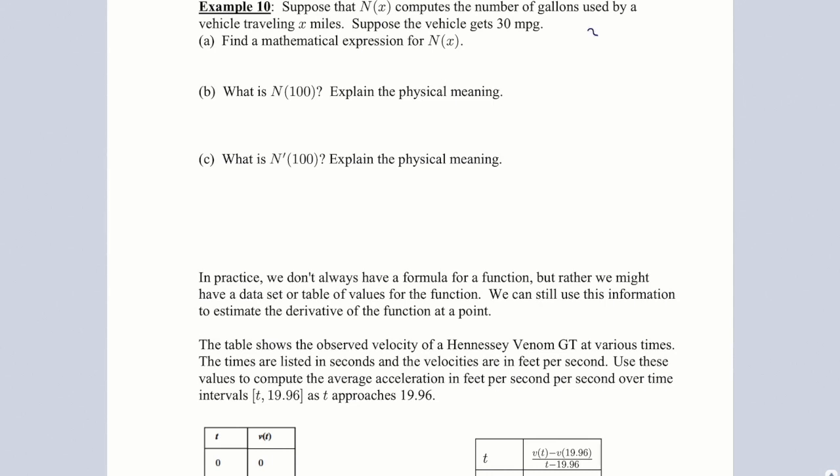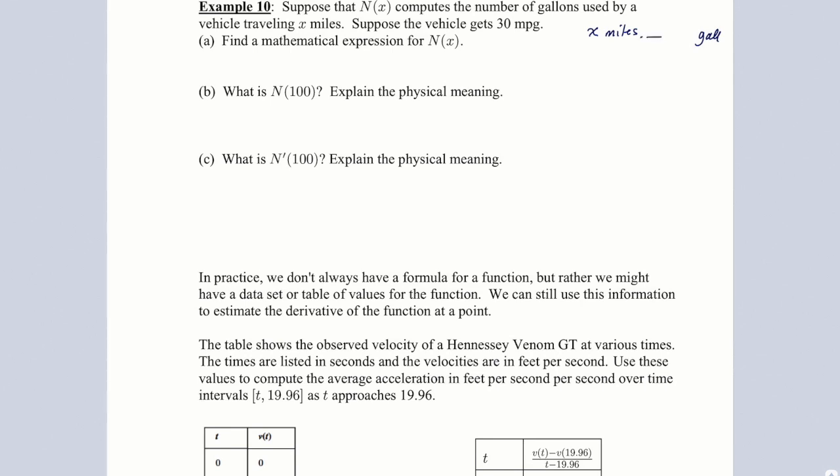So if we think about the units we want to get to here, x is in miles, and I want to get to gallons. And I have a known ratio, 30 miles per gallon.